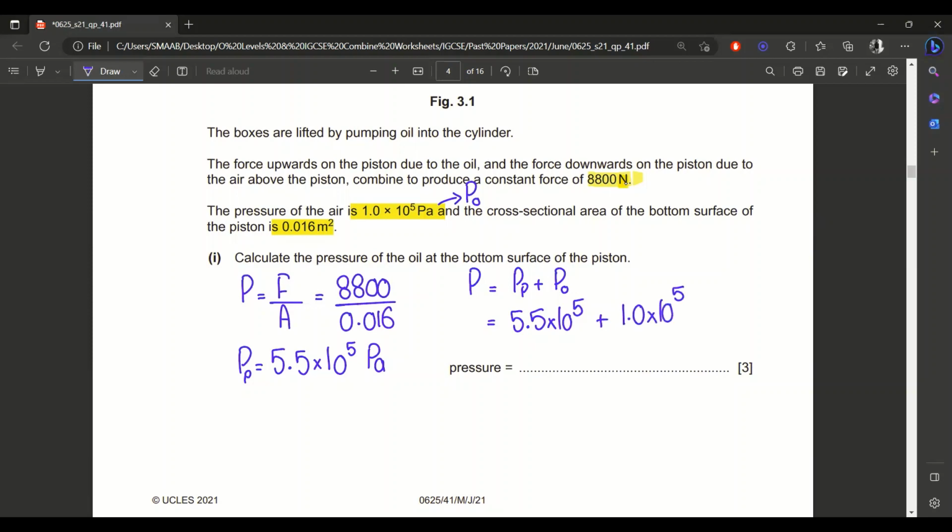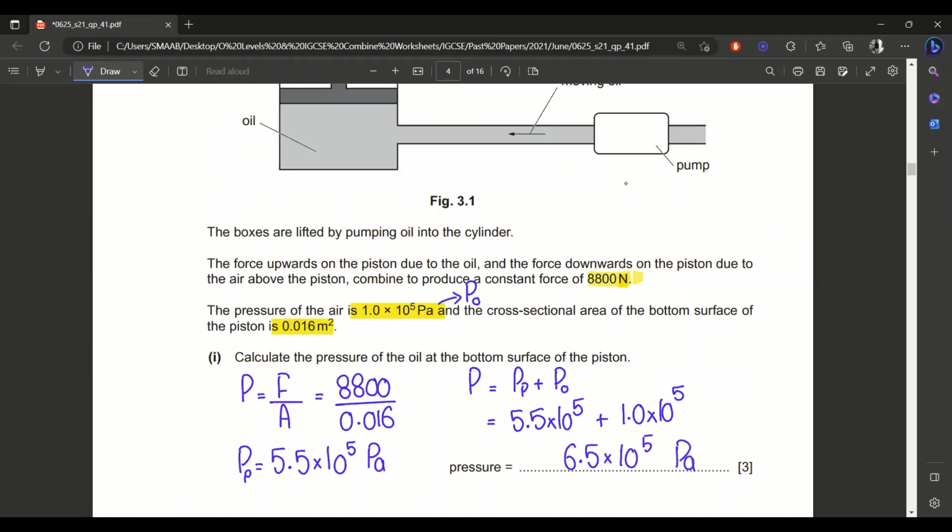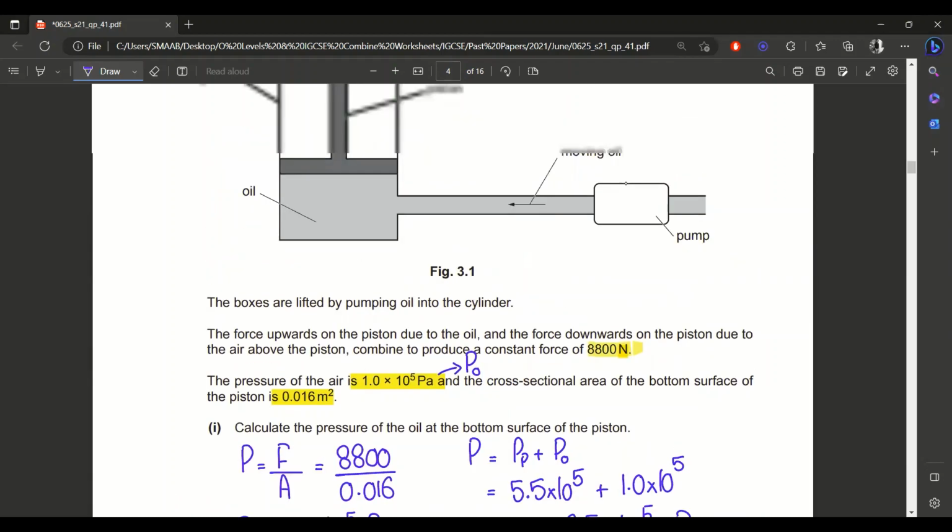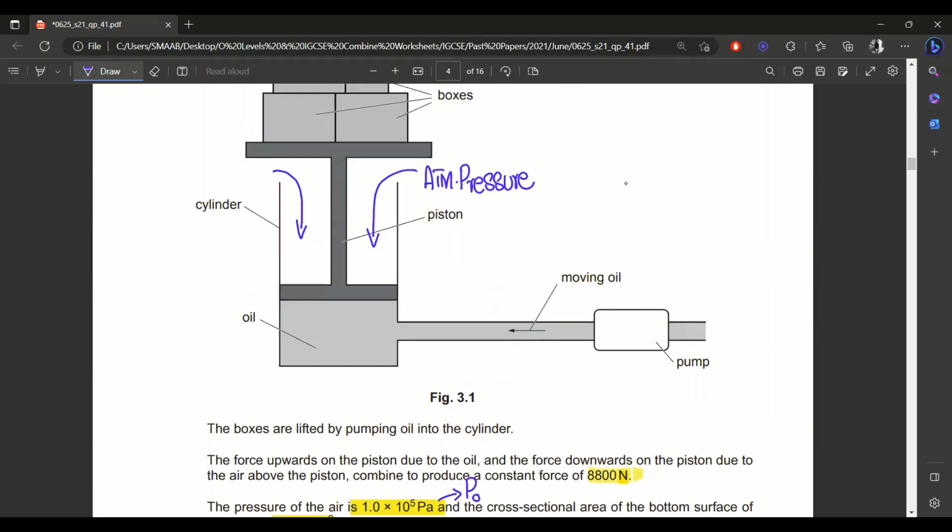So that will be equal to 6.5 times 10 to the power 5 pascals. Yes, so that is the total pressure. Because this is very much important. So there is a gap, so it means air atmospheric pressure will always be there. So we need to add up the value of the atmospheric pressure, right? Yes.